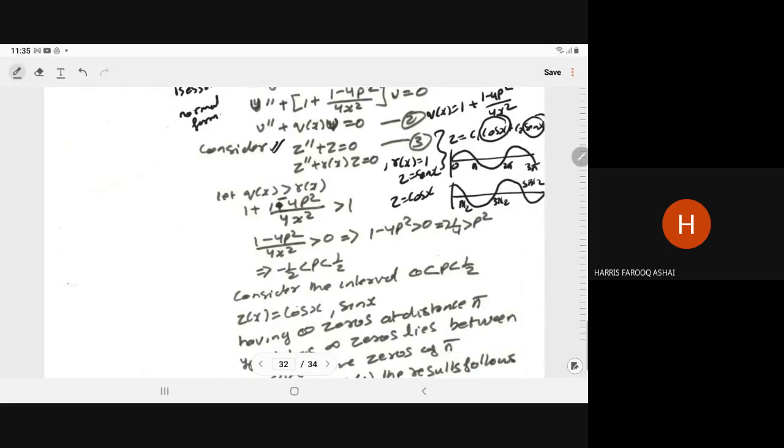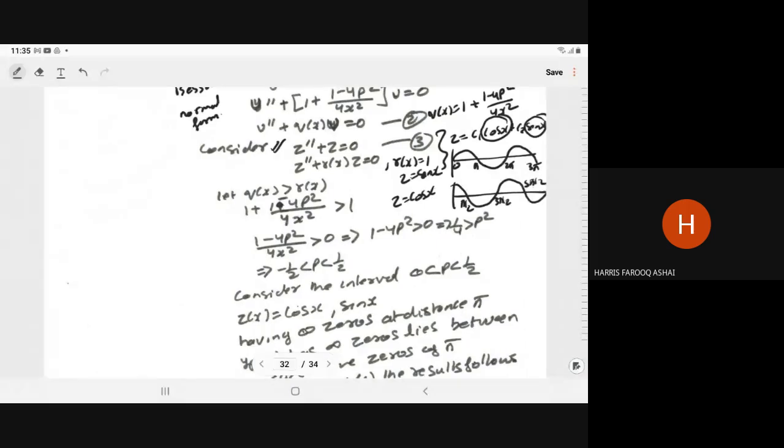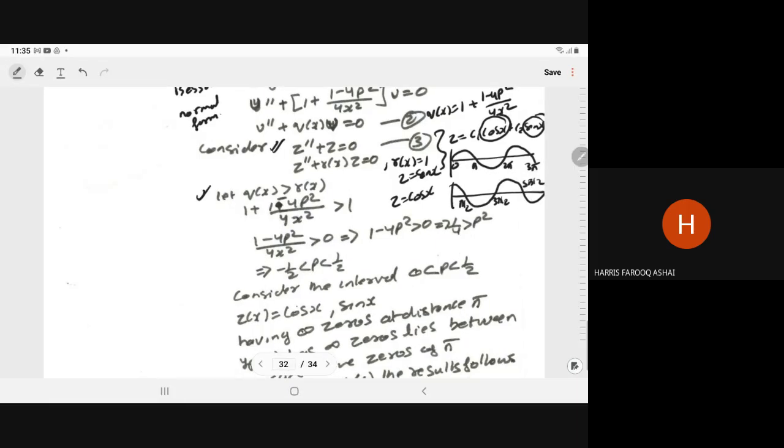Now we have seen that z has infinitely many zeros. To apply the Sturm comparison theorem, let's say q(x) is greater than r(x). r(x) is 1, so 1 plus (1 minus 4p squared) upon 4x squared is greater than 1.